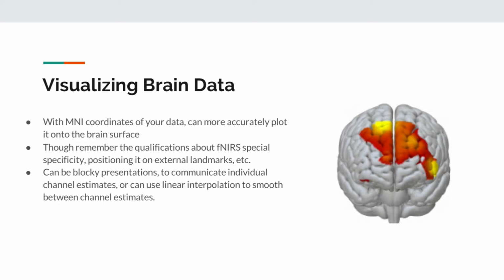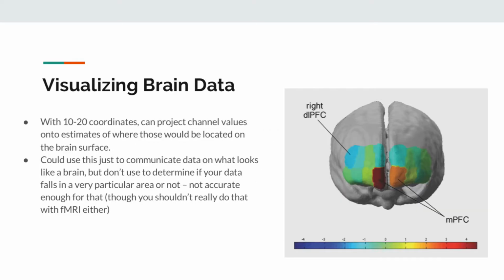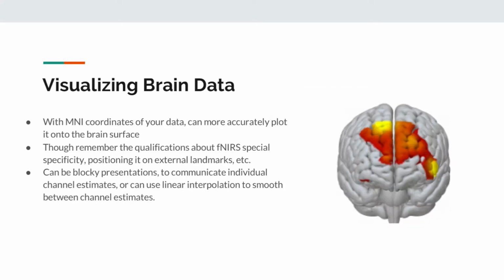Though again, remember the qualifications about fNIRS, I should say spatial specificity, positioning on external landmarks, etc. These can be blocky presentations like the screen you saw before, where that's communicating just individual channel estimates, or you can use linear interpolation to smooth between channel estimates.